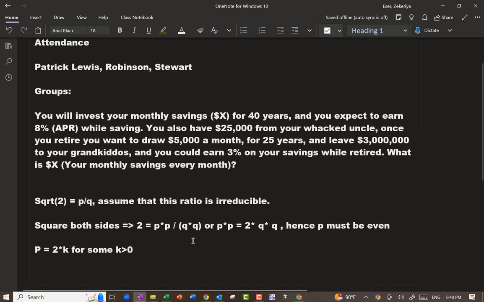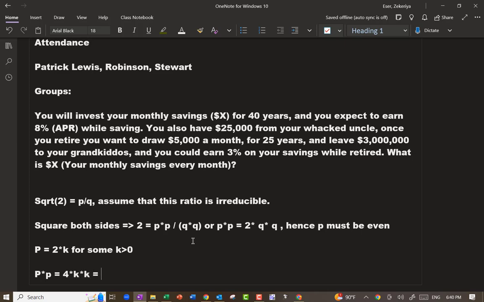P squared is going to be 4 times K times K, which we know is already equal to 2 times Q times Q. Cancel the 2's. Q squared is equal to 2 times K squared, okay?